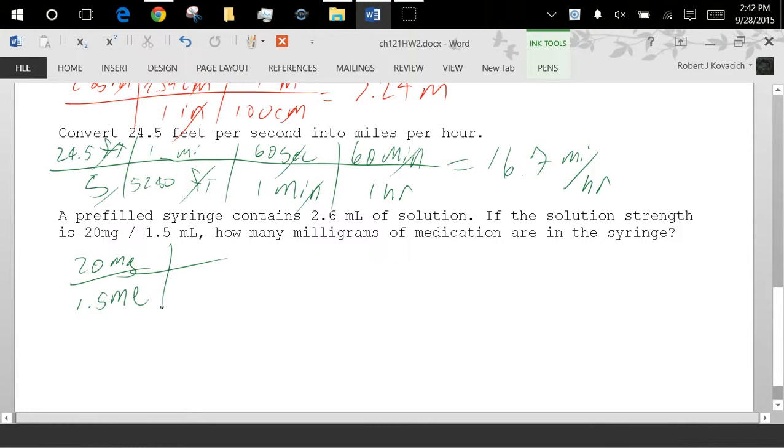I have the milligrams right where I wanted in the railroad track. My answer is going to have milligrams in the numerator, but I need to get rid of the milliliter that it came with, so I'll take 2.6 milliliters here, cancel out those milliliters. I'll just be left with milligrams.